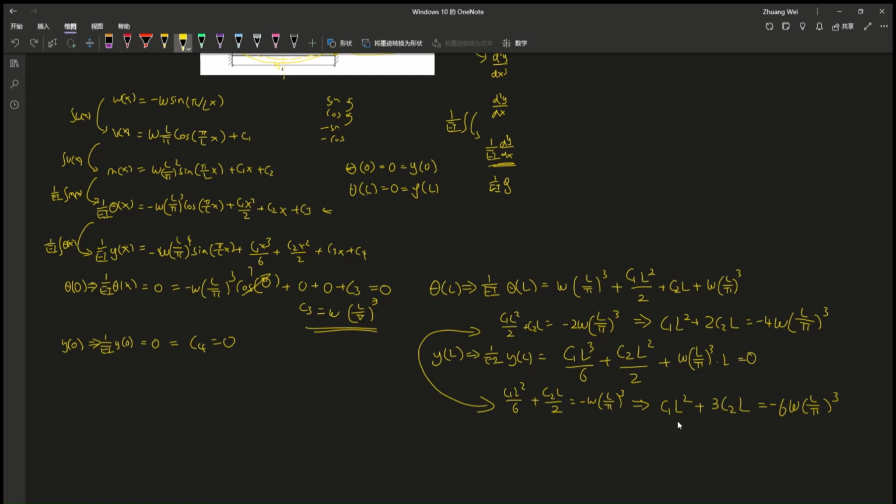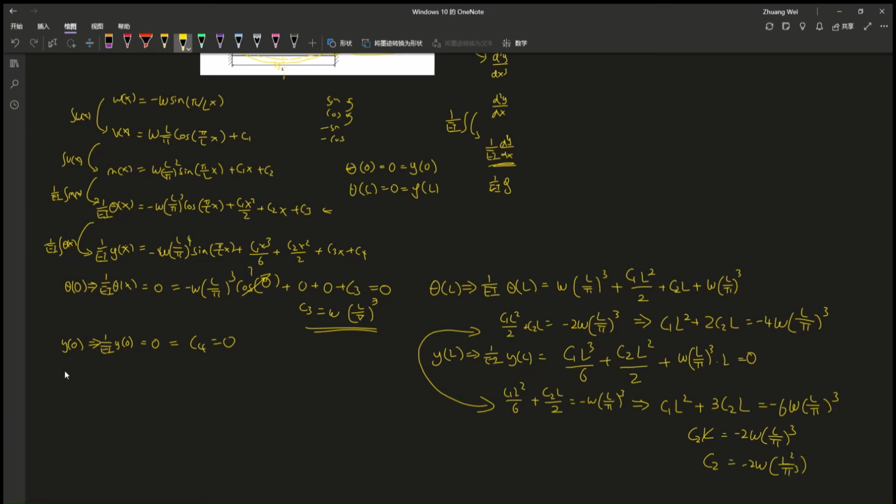Let's say the bottom equation minus the top equation, so this term minus that term cancels out, which gives us C2 L, and this term minus this term gives us negative 2W L over pi to the power of 3, divided by L. So C2 is negative 2W L to the power of 2 over pi to the power of 3.